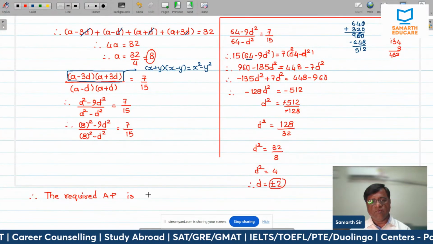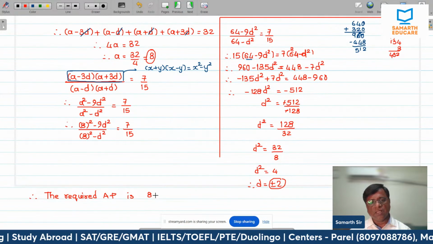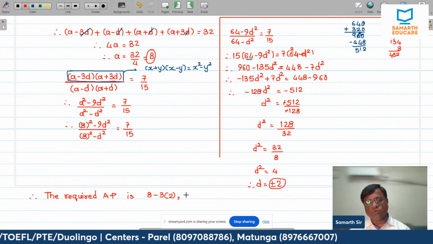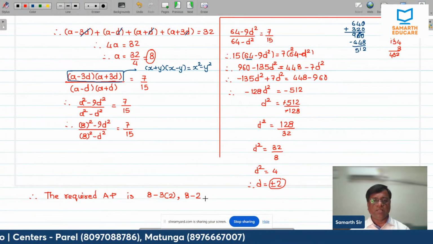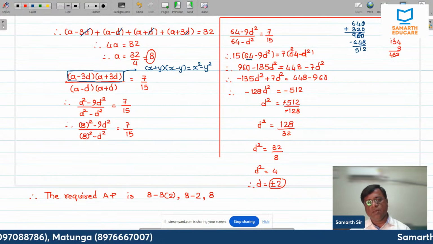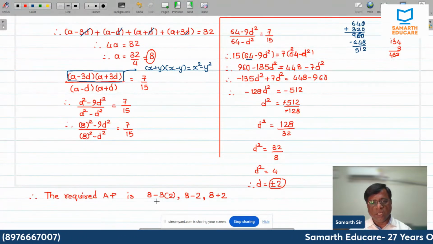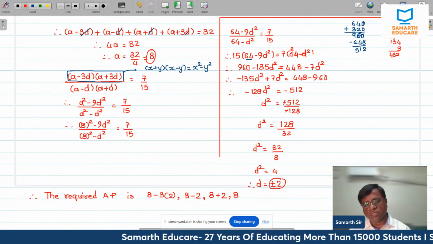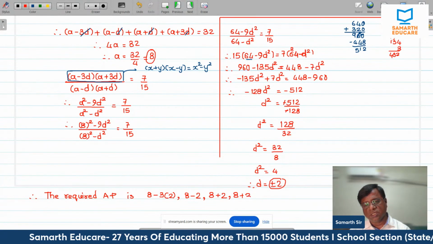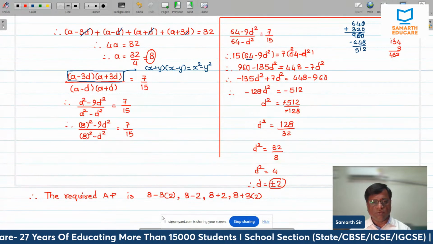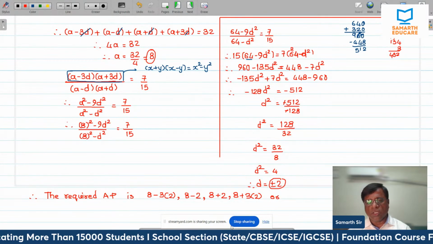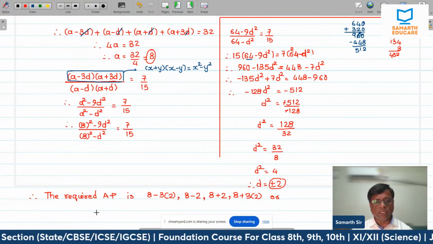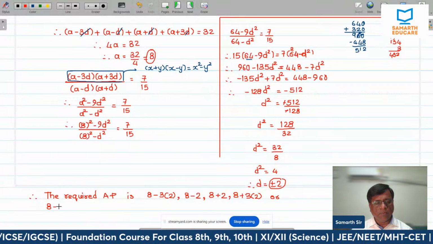So I have A as 8 minus 3 into 2. Then the next was A minus D, then A plus D. A minus 3D, A minus D, A plus D, and the last number is A plus 3D.